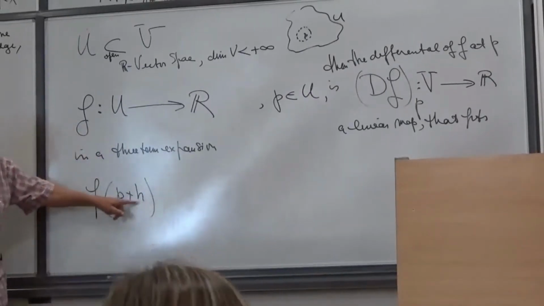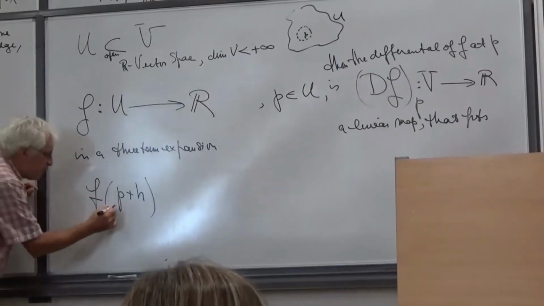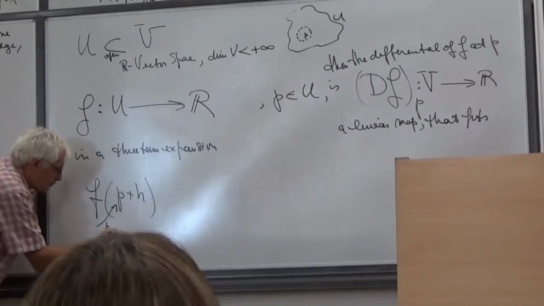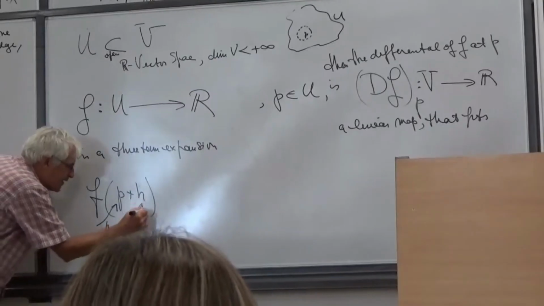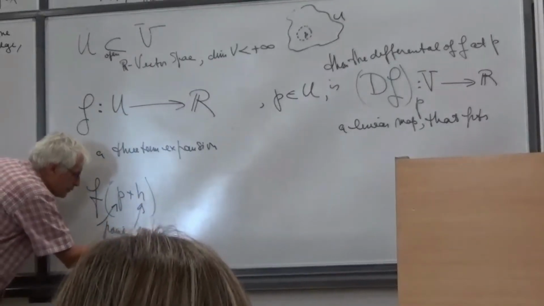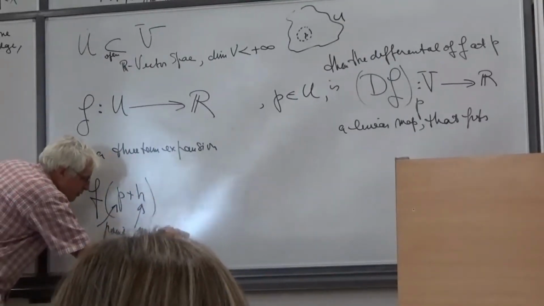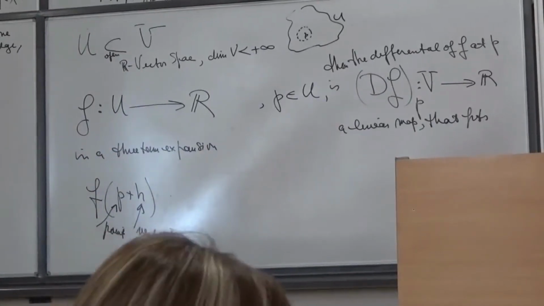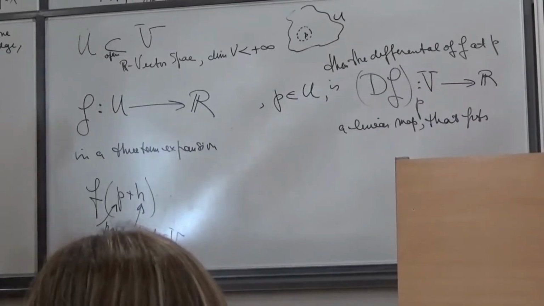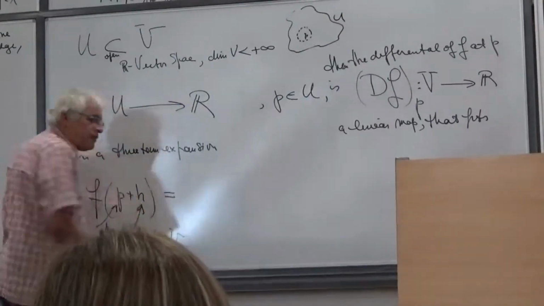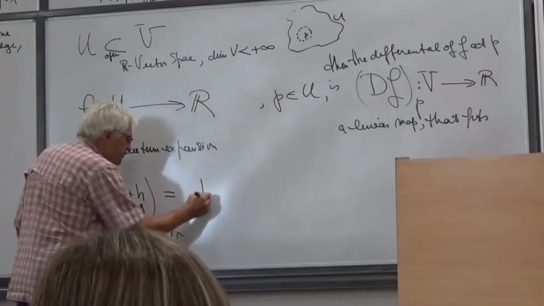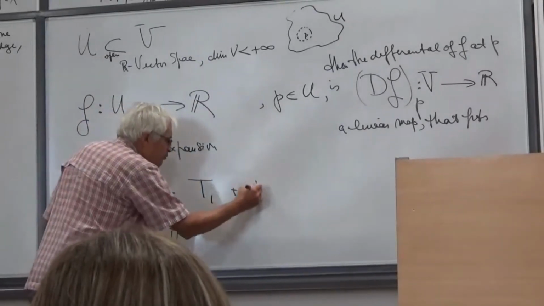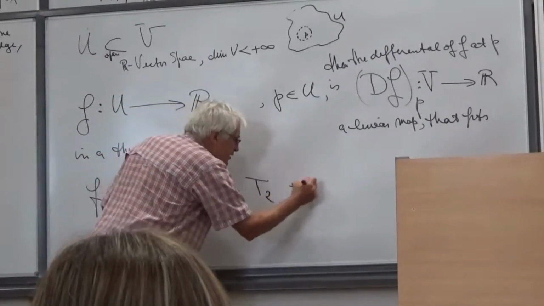So this P plus a vector. This P is a point, and this h is a vector. And we have the three-term expansion. So we have term 1 plus term 2 plus term 3.